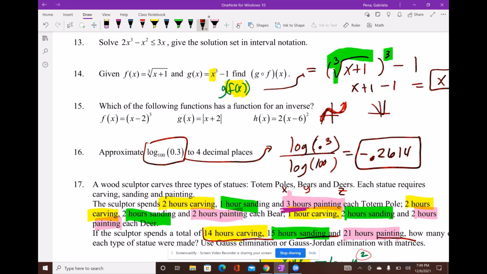An absolute value goes like that, and a quadratic goes like this. Which of the following has an inverse function? The absolute value is not going to have one. This one will. It'll be a cube root, and this one will also, with restrictions.